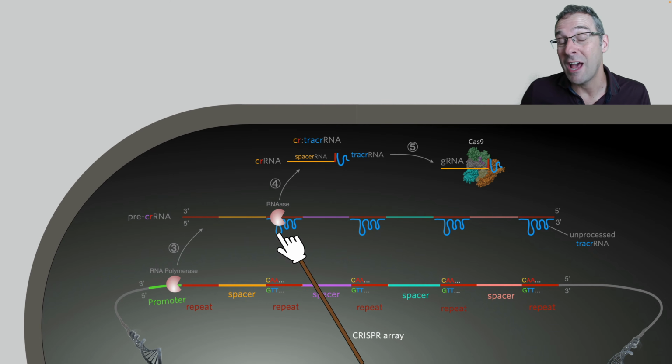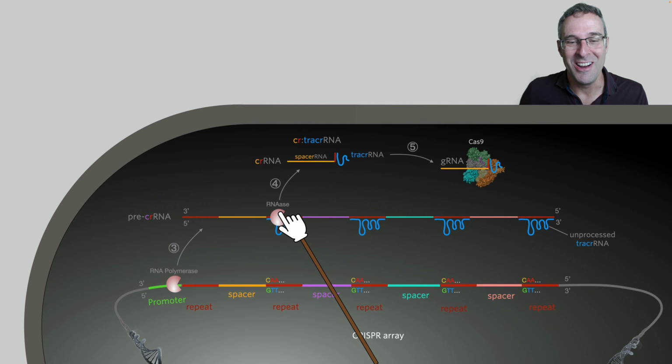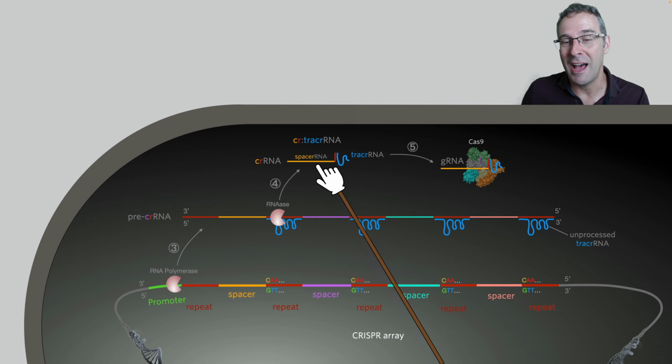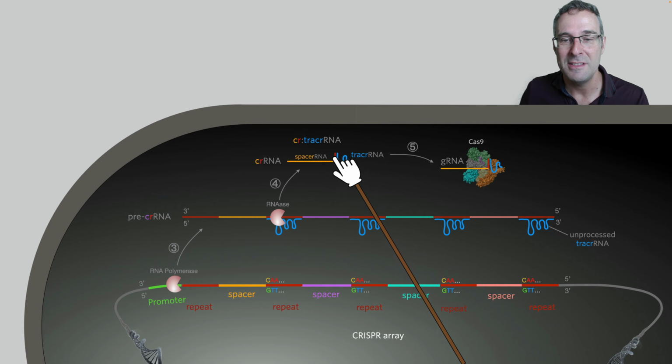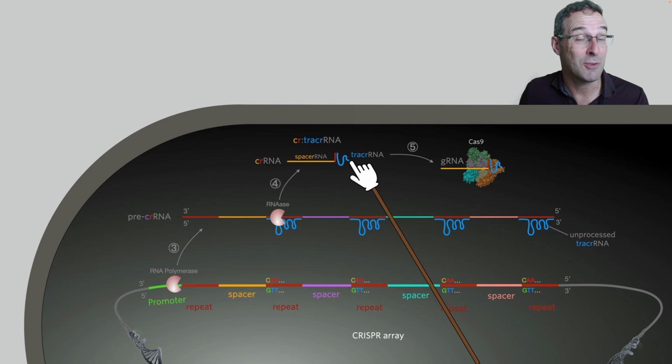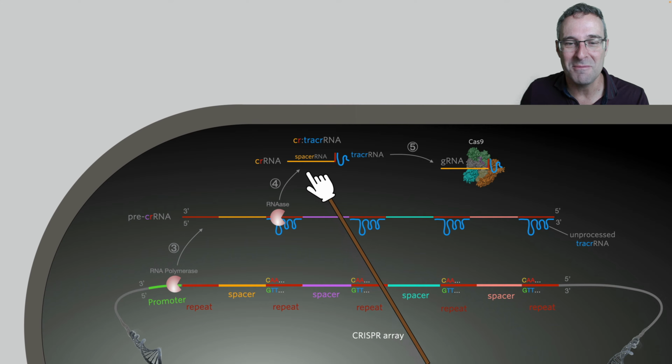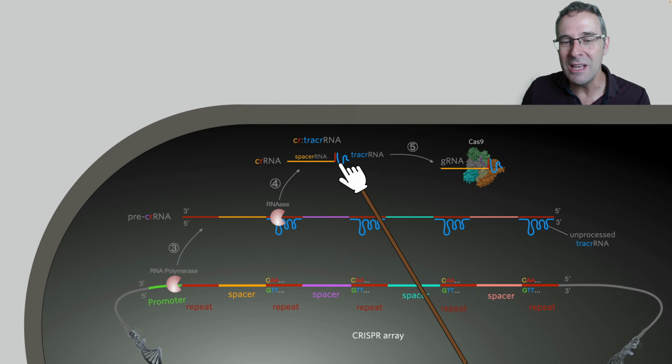Then an enzyme called RNase comes along and cuts through those repeat regions, giving us a piece of RNA which is made of the RNA from the spacer, the RNA from the repeat, and some of the unprocessed tracer RNA, which we now call tracer RNA. So we have this structure in the cell made really of two pieces of RNA.